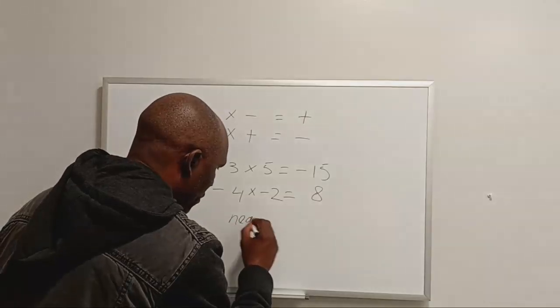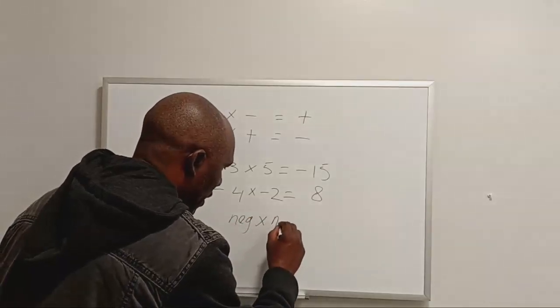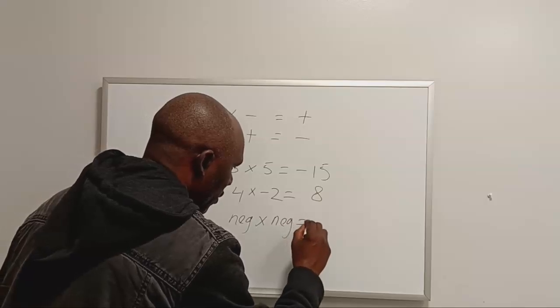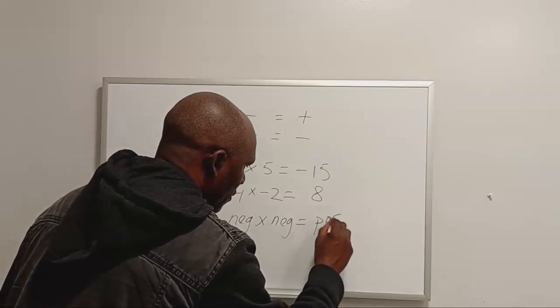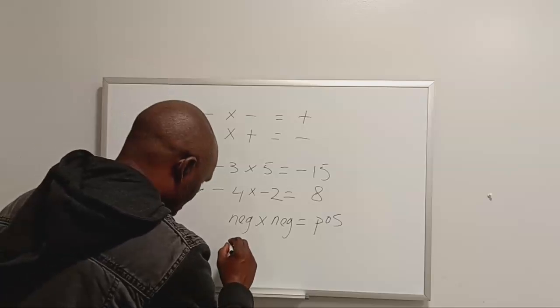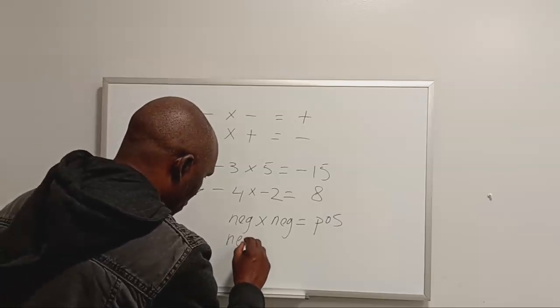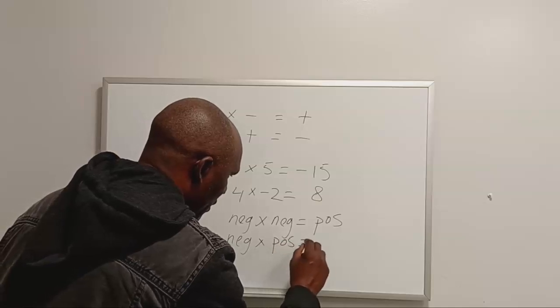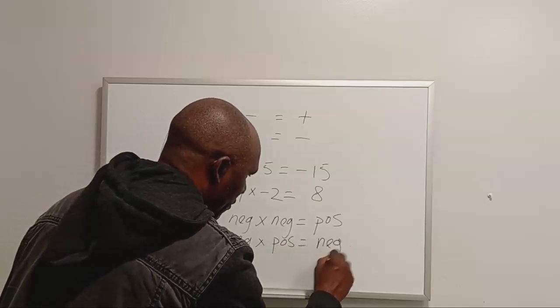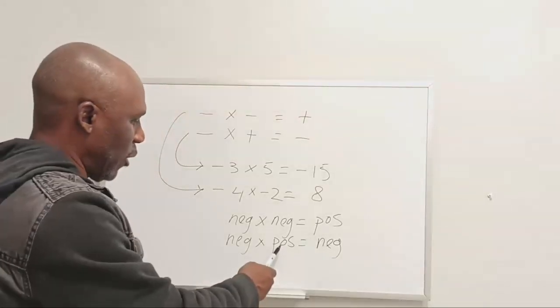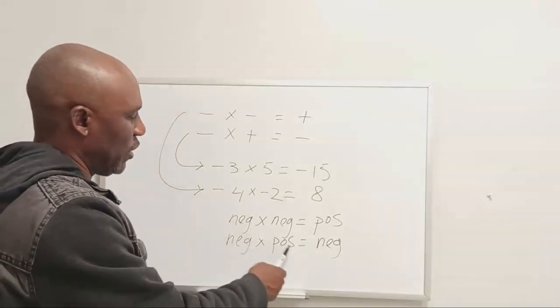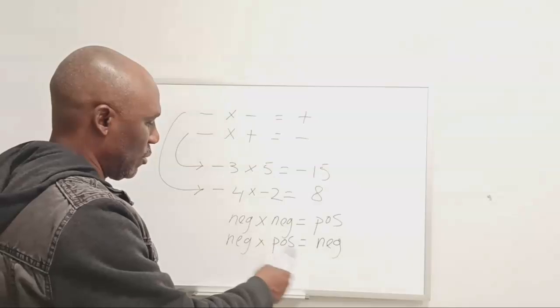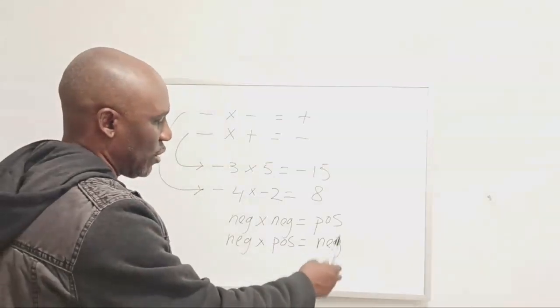Negative times negative equal positive, and negative times positive is negative. It doesn't matter if the positive is here or the negative is here. If you change the spot, the answer is going to be the same.